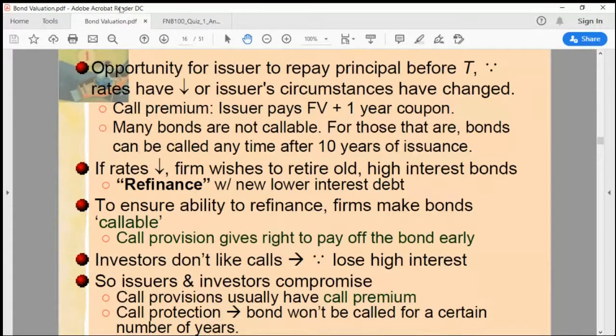The call has more value as the price goes up, right? But think about it. You can instantaneously make money.